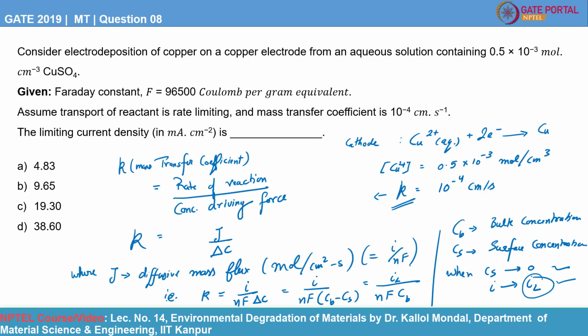Okay, in this problem we are required to find limiting current density, so I am going to use this relation. I will write it again. IL is NKFCb. Now if we put all the values that are given in the problem in this expression, we must be able to find the value of limiting current density. So what is N?